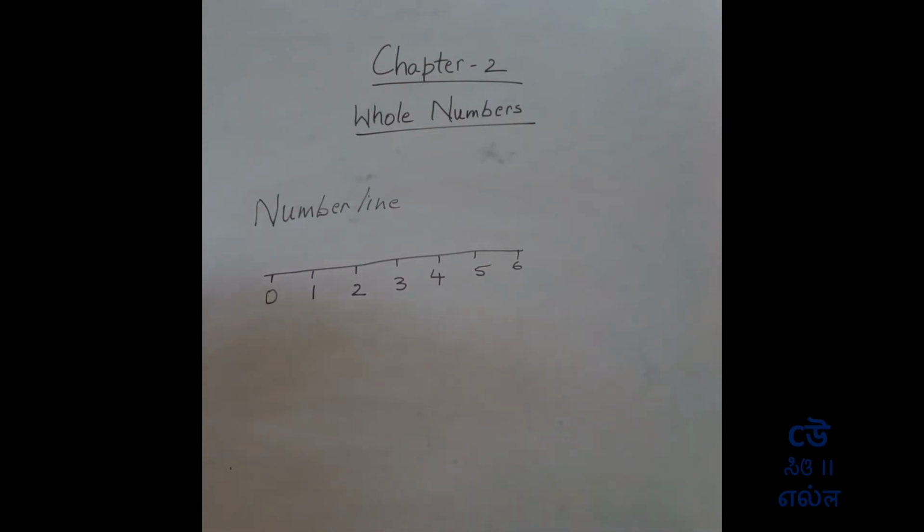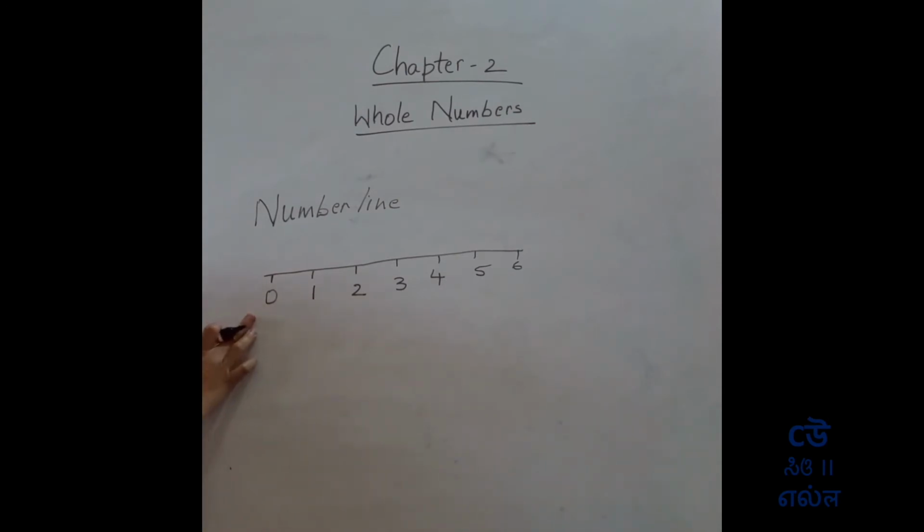In this way, we label the points at unit distances. So you can go to any whole number on the right in this manner. So this is a number line with whole numbers.